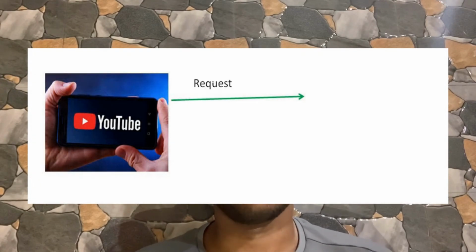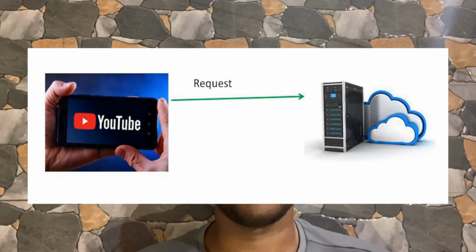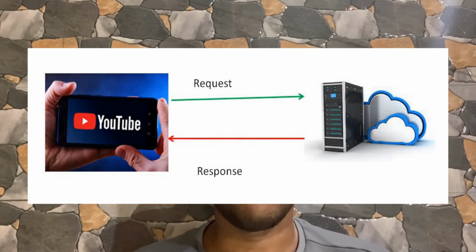Once you refresh, it sends a request to your server where your web services or APIs are hosted. It sends a request in JSON or XML format, and from the server or backend it comes back as JSON or XML. Then it renders all the data on your YouTube dashboard or home page. So it's the flow of data in and out.